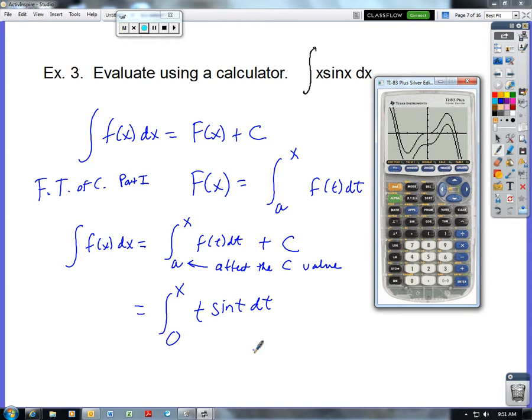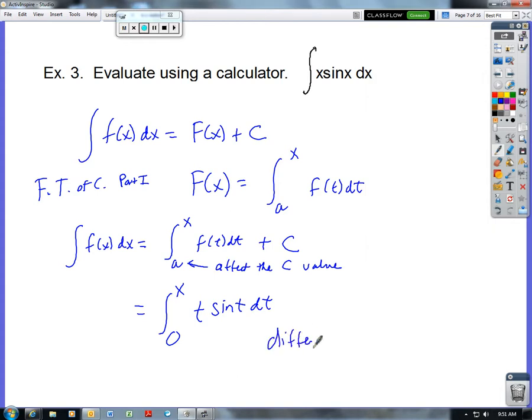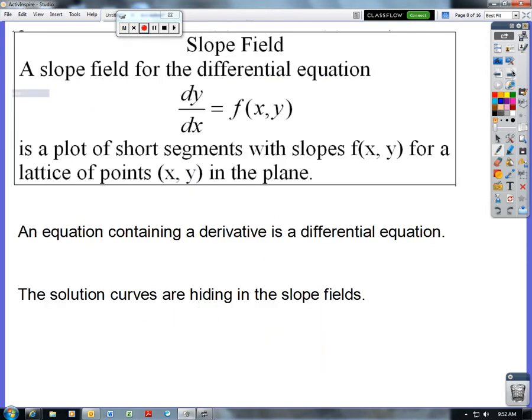Okay. So a different a value will produce a different vertical shift. Great. So, got that one taken care of.